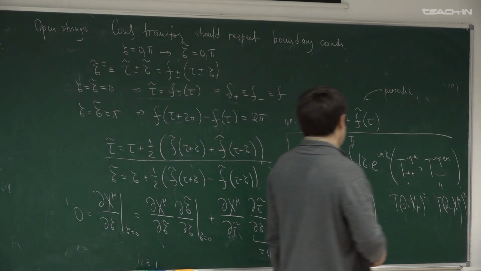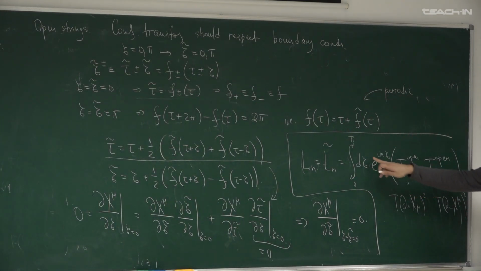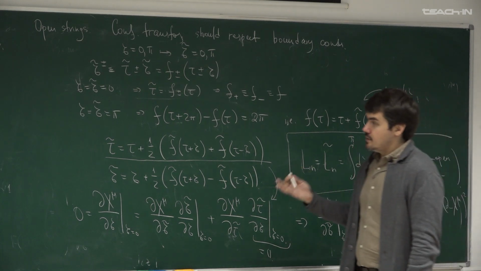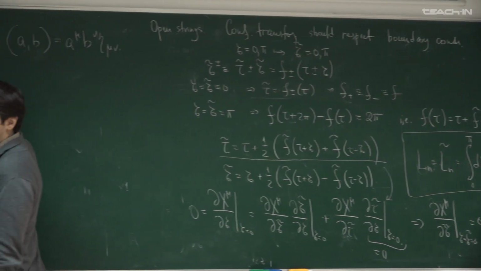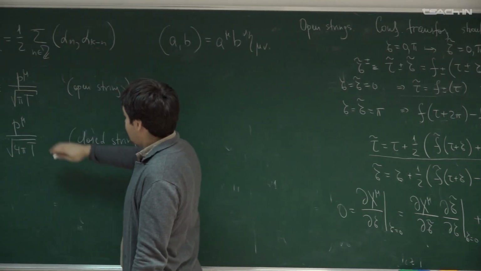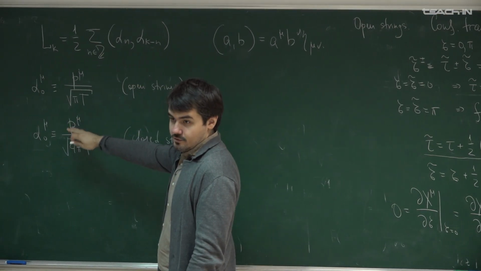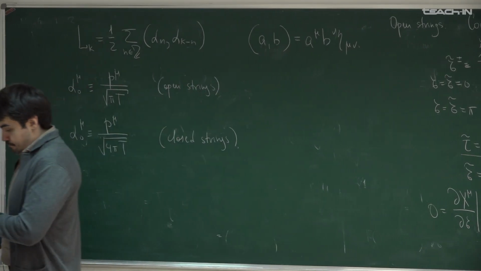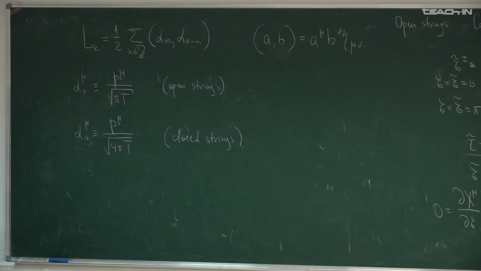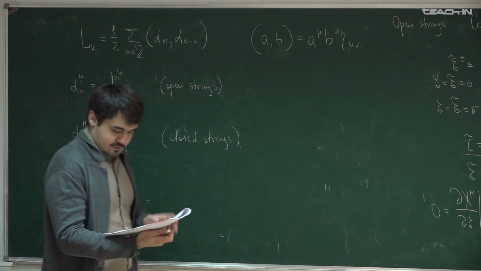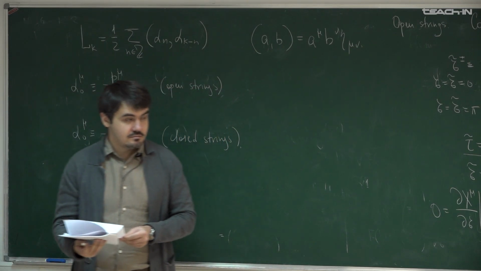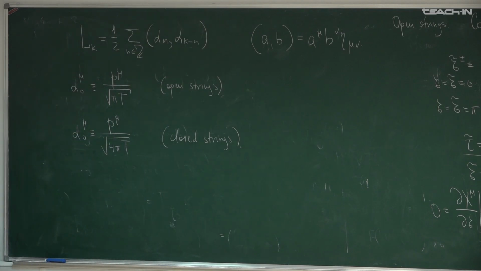So you just differentiate, substitute here, integrate, and you get a sum over oscillators plus some term involving momentum, right? So just to write it as a single sum, we introduce this notation. But somehow these funny factors of 2 are important later on. So that's why we discussed that here.